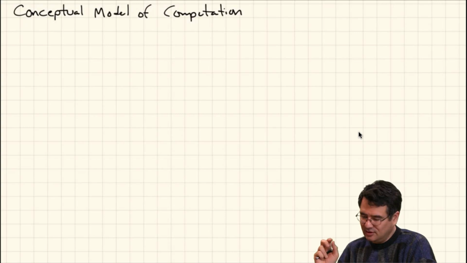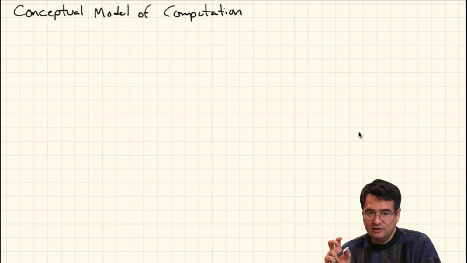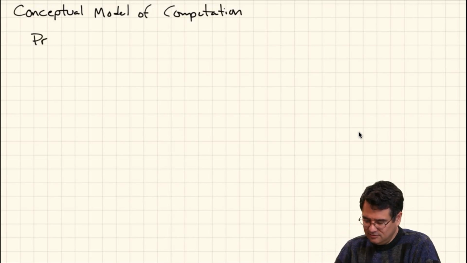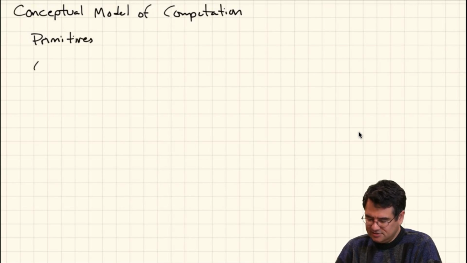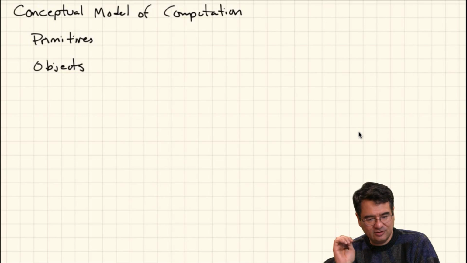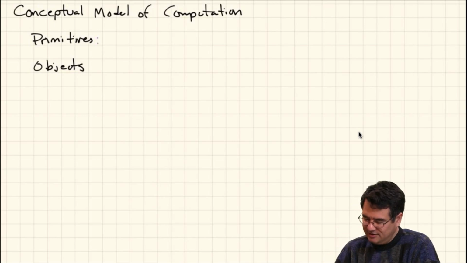bit of sense. So first of all, in this conceptual model, there are 2 kinds of data that Java deals with. There are primitives and there are objects. You can pretty much boil everything down to those 2 things. Either something is a primitive or it's an object. Now, primitives are things like int, character, boolean, double.